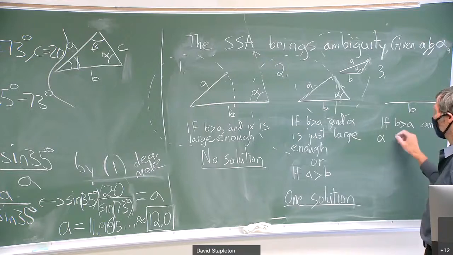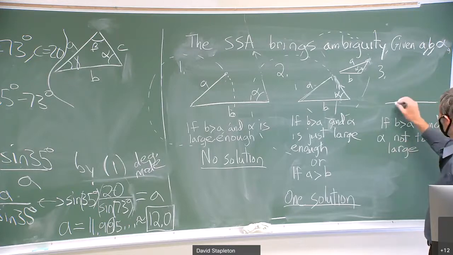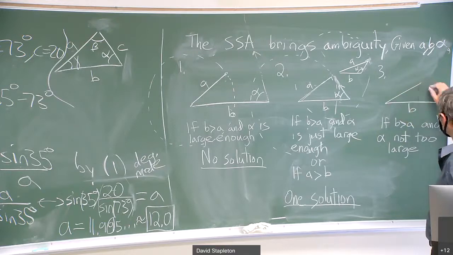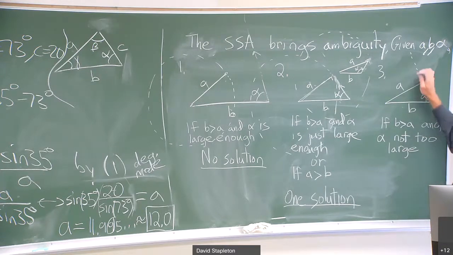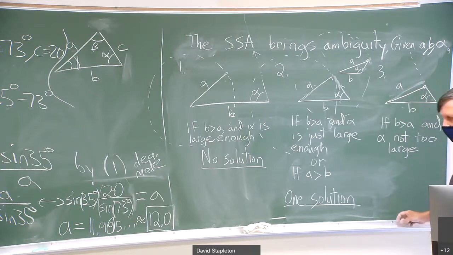Alpha is not too large. Then I get this kind of a case. I can make a triangle like that just touches at this angle alpha. So again, I'm given A, B, and alpha. And this ray comes out here and I can intersect it right there, right? But that's not the only thing, right? I should make this a little more obvious. I can intersect it right there and make a triangle.